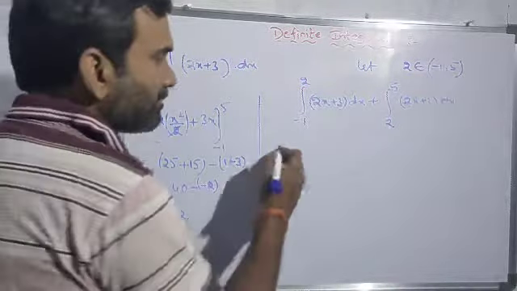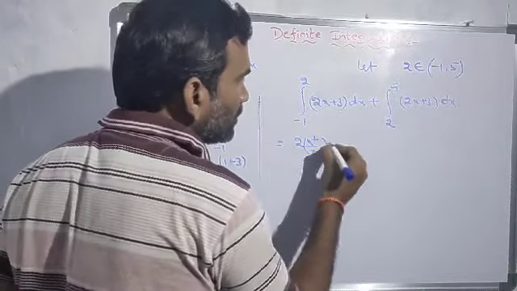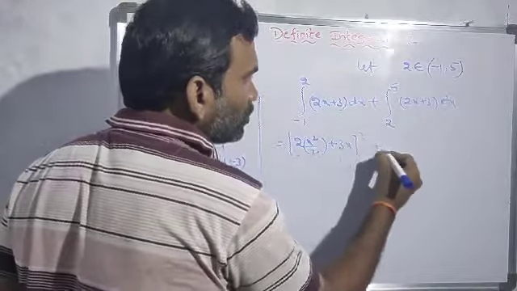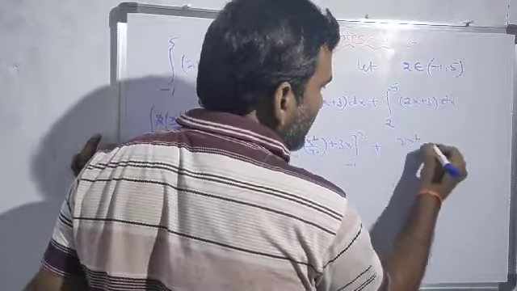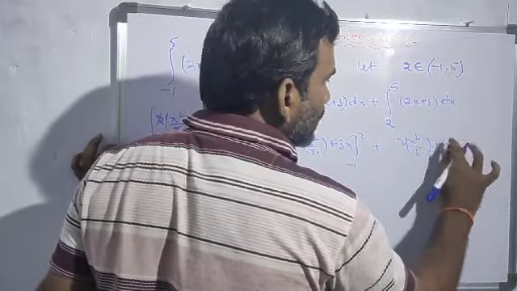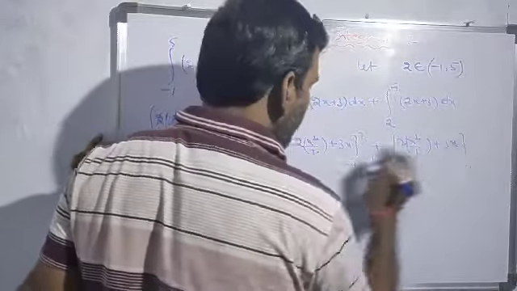We have to check this. So 2x square by 2 plus 3x from minus 1 to 2, plus 2x square by 2 plus 3x from 2 to 5.